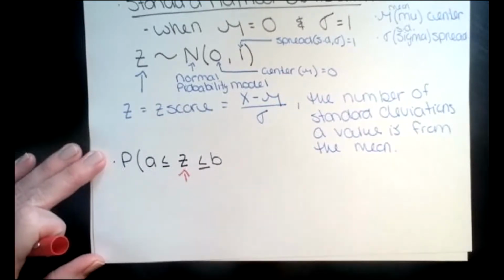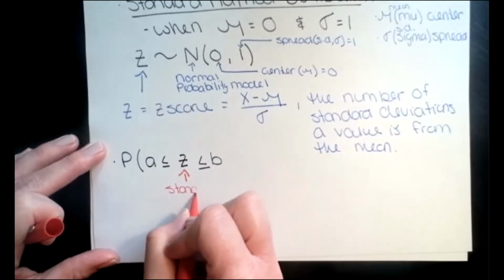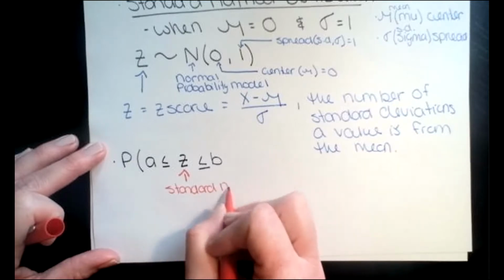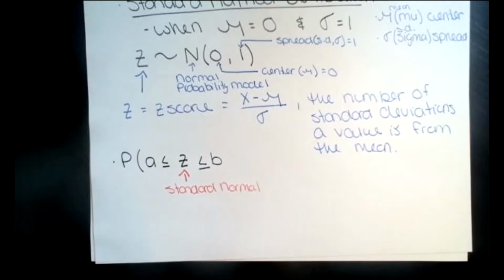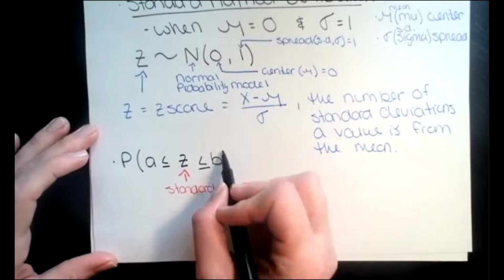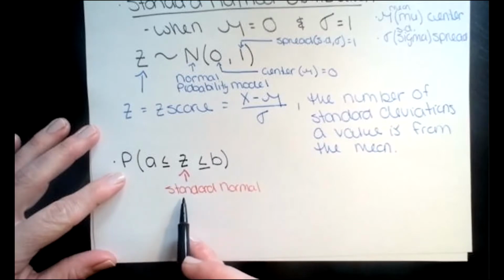Okay, this Z is telling us that we're on the standard normal curve. That's the key. So if I'm calculating a probability and I'm using notation and it has a Z there, I automatically need to know this is my standard normal curve.